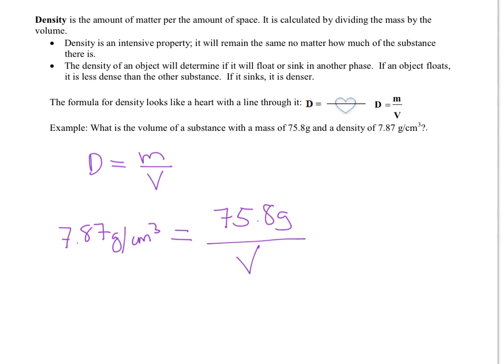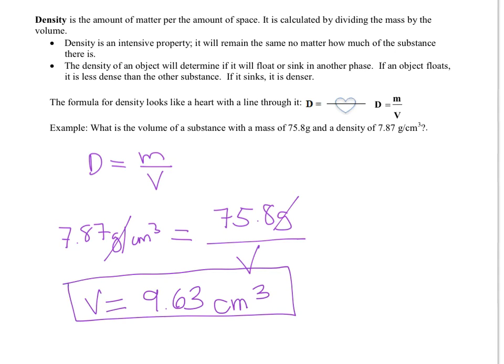You can punch that into your calculator. And so you would get that the volume is 9.63. The grams cancel, so the units are centimeters cubed. And so that was your answer.